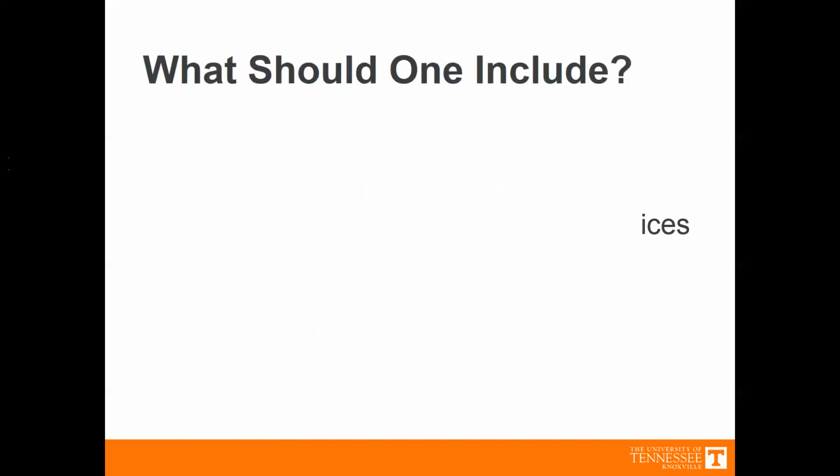So let me just get into what a data management plan should include, just the top level headings. Believe it or not, your data management plan should talk about the data that you're going to be collecting in your research project.